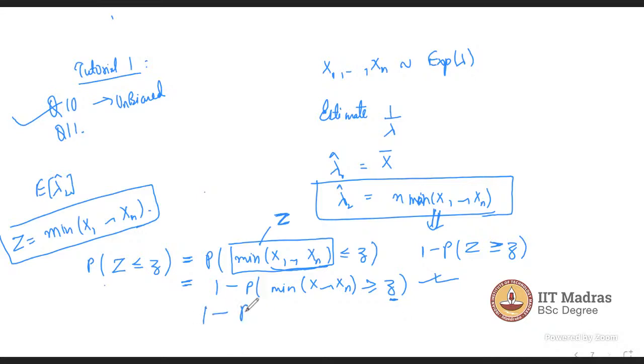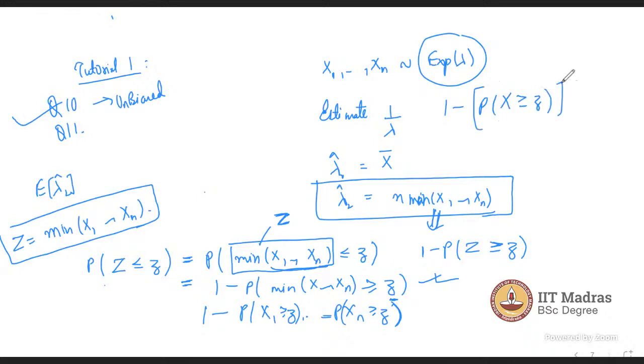So I can write this as the probability that x1 is greater than or equal to z, up to xn greater than or equal to z. Since each of these xi's are IID, I can just multiply, and they all are exponential with parameter lambda. So I will write 1 minus the probability that X is greater than or equal to some z, to the power n. Is this okay?